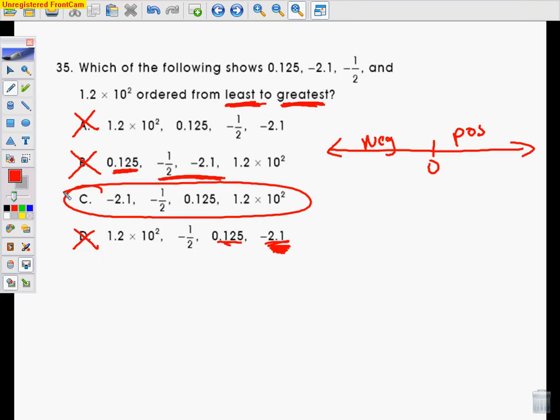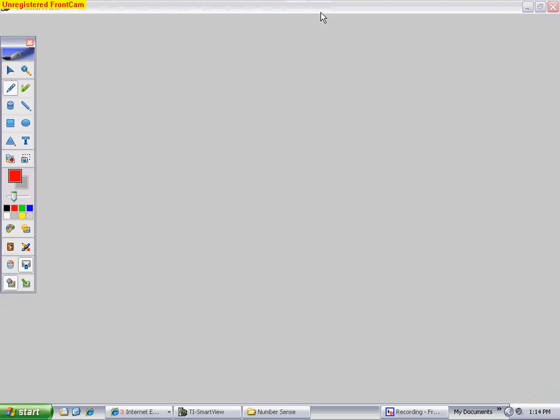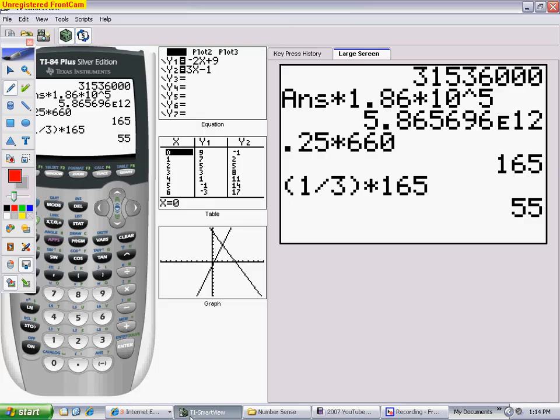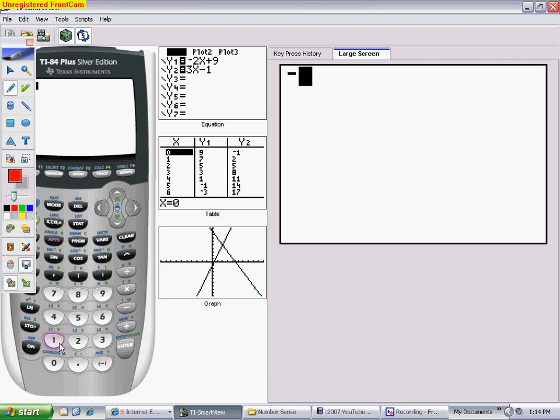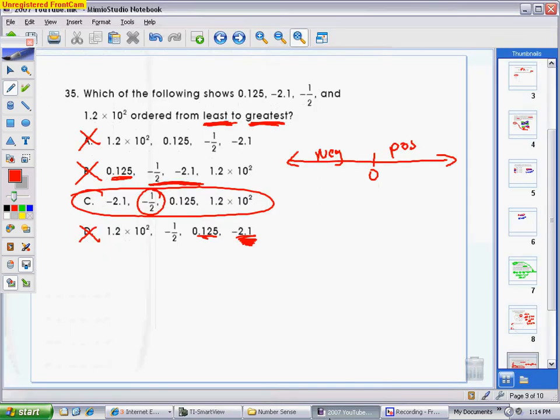From there, just in case you didn't know something like that, I would also say, take negative 1/2. If you type that in your calculator, negative 1/2. Remember, every fraction is just like a division symbol. So you can do negative 1 divided by 2, and find out that decimal is negative 0.5.